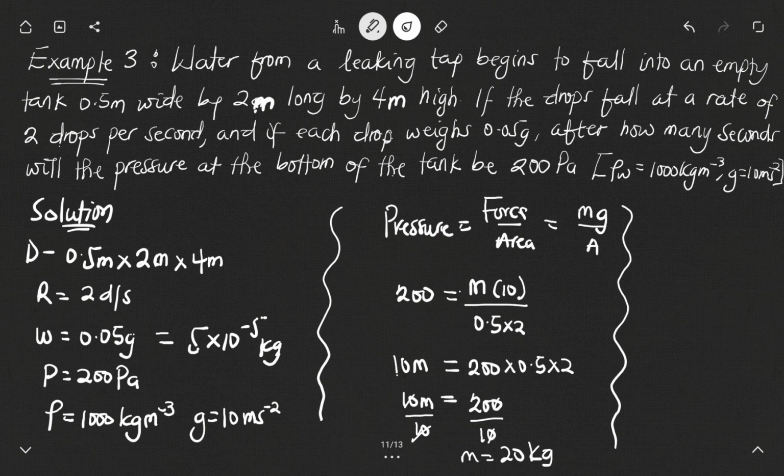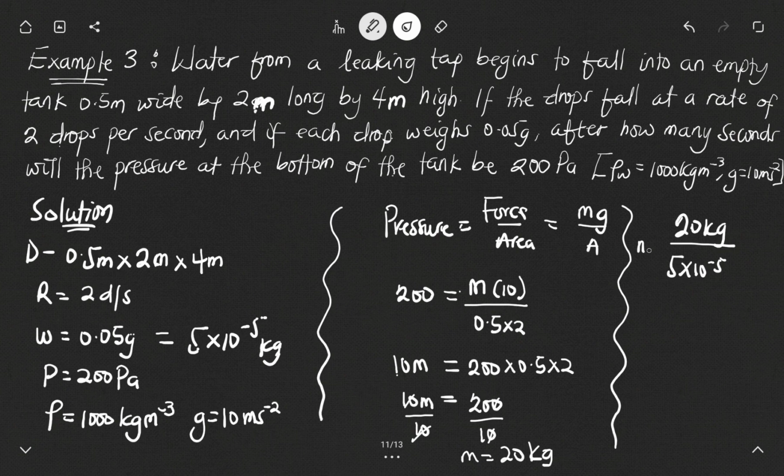So let's look at that. The total mass we have is 20 kilogram. Then we divide that by the weight of one drop to get the total number of drops that we have in the tank. So we divide by 5 times 10 raised to the power minus 5, right?